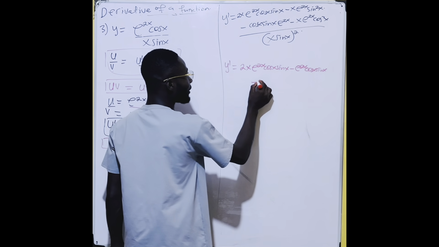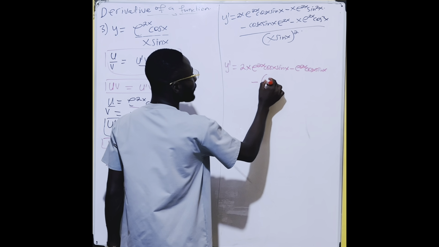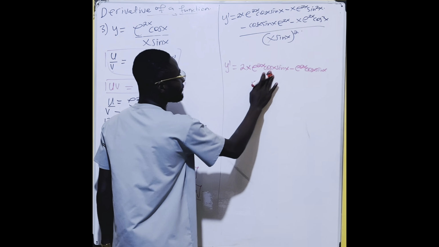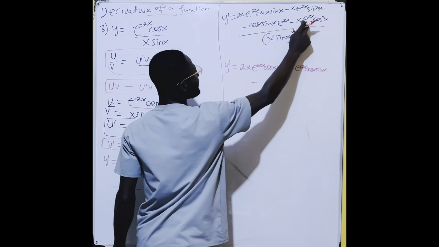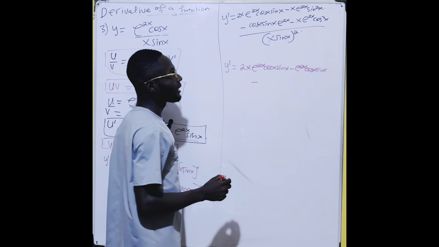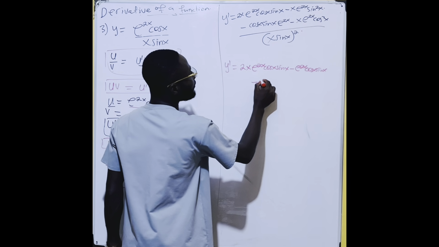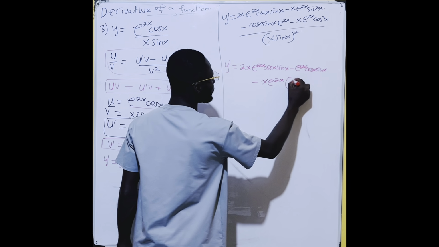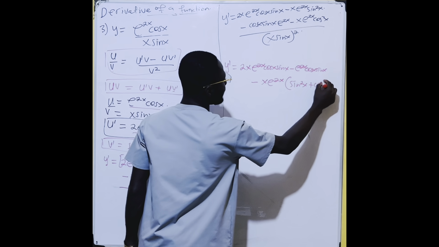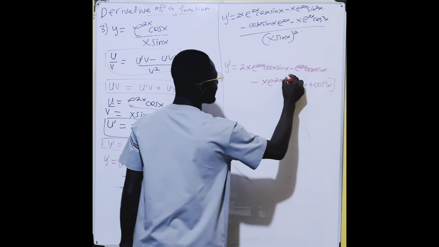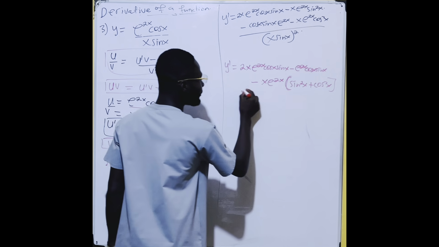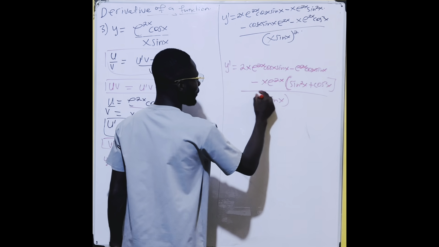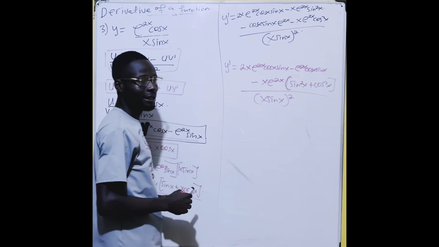So we bring negative x out. This and this have e to the 2x common, right? So negative x e to the 2x out into sine squared x plus cos squared x, right? Divided by x sine x all squared, right?